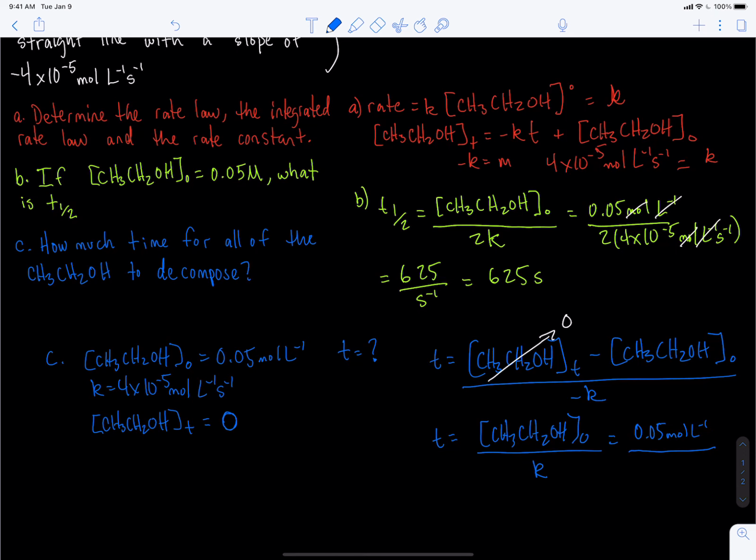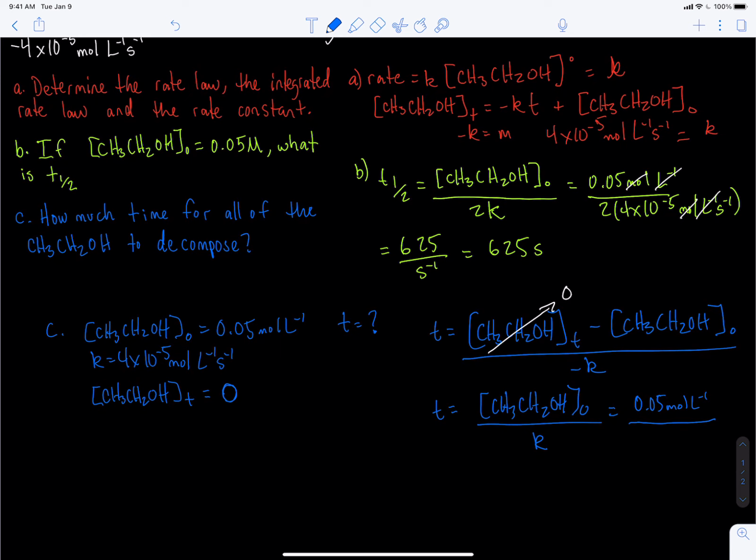Sorry, getting ahead of myself, those are the units for the rate constant. So in the denominator we plug in our value for K, which we have from up here and rewrote over here, and that's 4 times 10 to the minus 5th moles inverse liters inverse seconds.